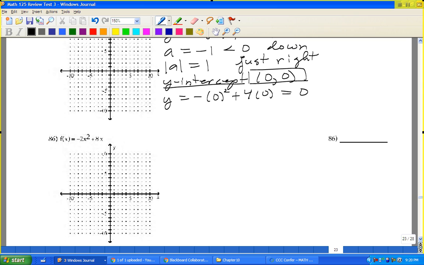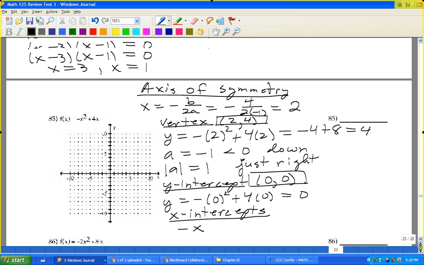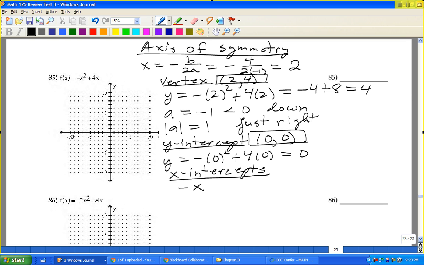And so the y-intercept is at the origin. Let's find the x-intercepts. And so I'll set negative x squared plus 4x equal to 0. And so let's factor out a negative x.